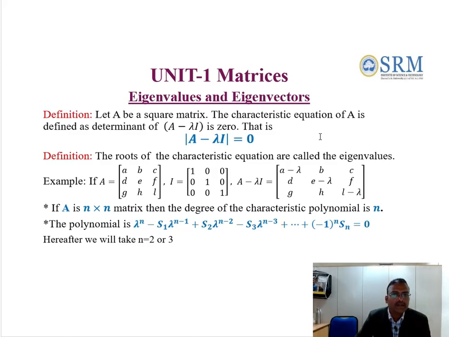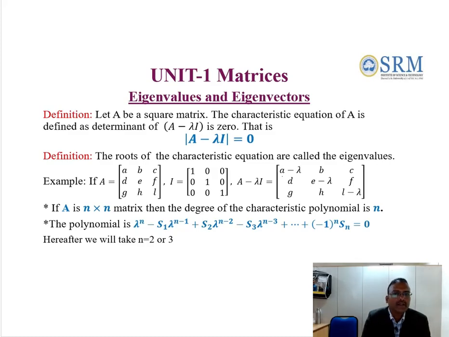That is, determinant of A minus lambda I, which is equal to 0, right? Now, the eigenvalues are nothing but the roots of the characteristic equation. For example, if A is the 3 by 3 matrix with entries A, B, C, D, E, F, G, H, I, and I is the identity matrix 1, 0, 0, 0, 1, 0, 0, 0, 1, then A minus lambda I is this one, right?